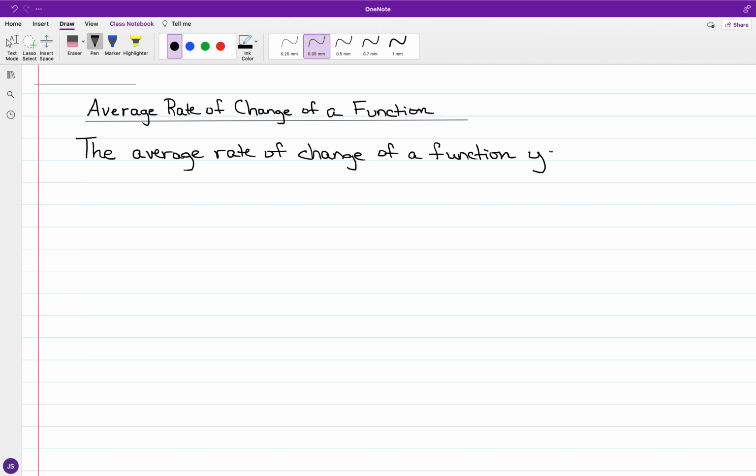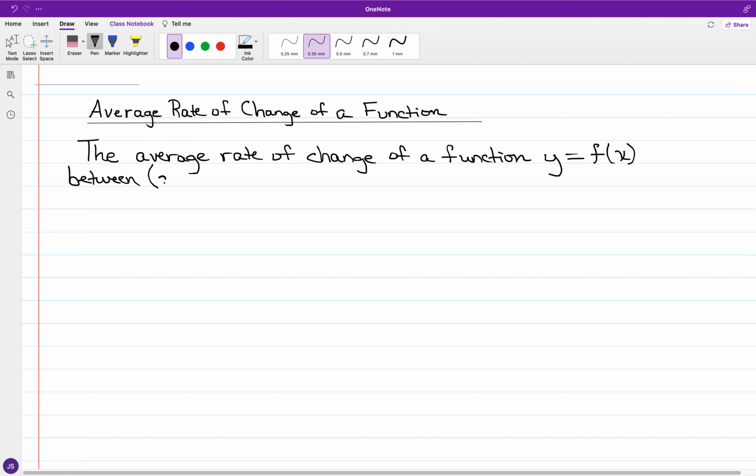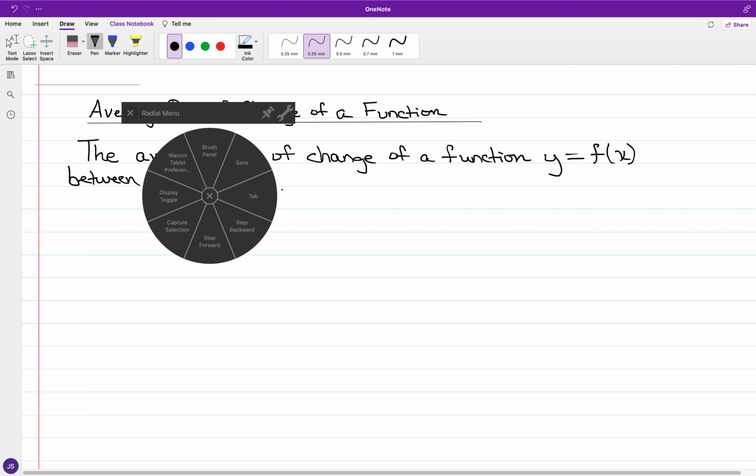and this function could consist of different variables, but I'll just regard this as y is equal to f of x between 2 points. So you have x1, y1, and now the author gives this in the context of functional notation for the y.